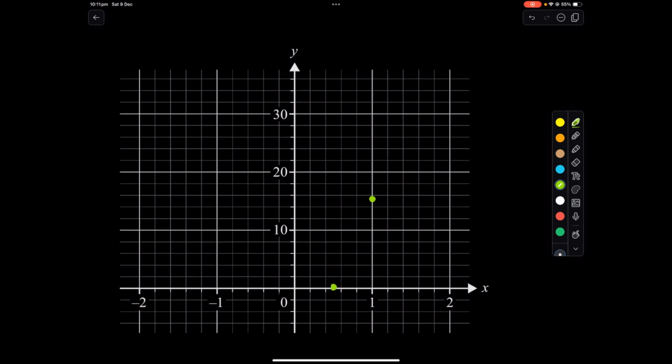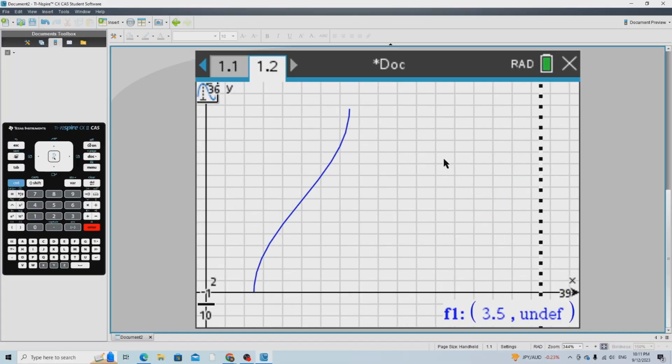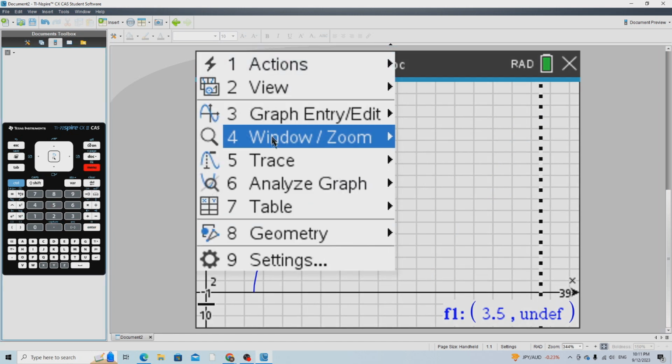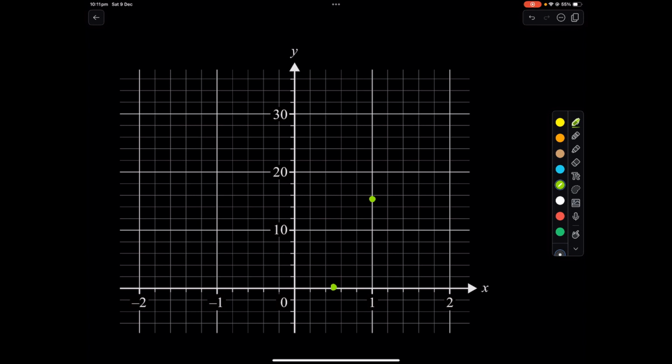And what about at 3.5? No, 3.5 doesn't work. Oh, 1.5 actually. Go to Trace. At 1.5 it's 31.4. So at 1.5, here it is, 30, around here. And perfect. Now the graph should look like this if I'm putting them all together.